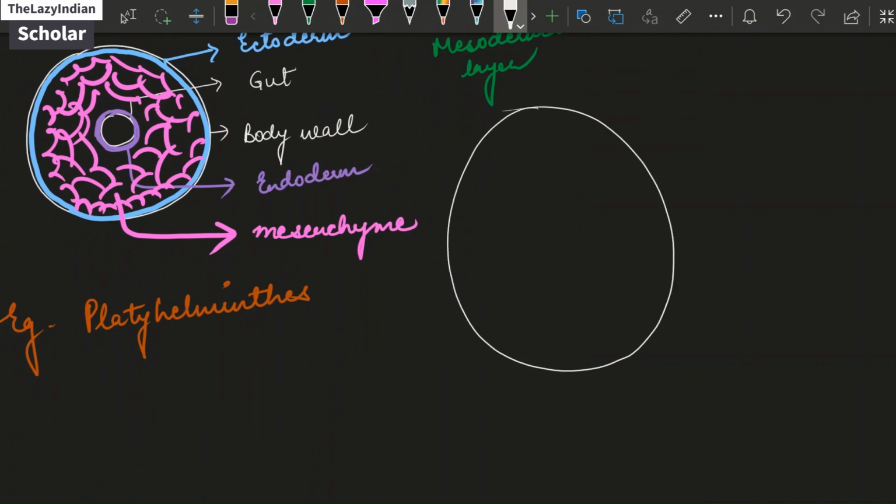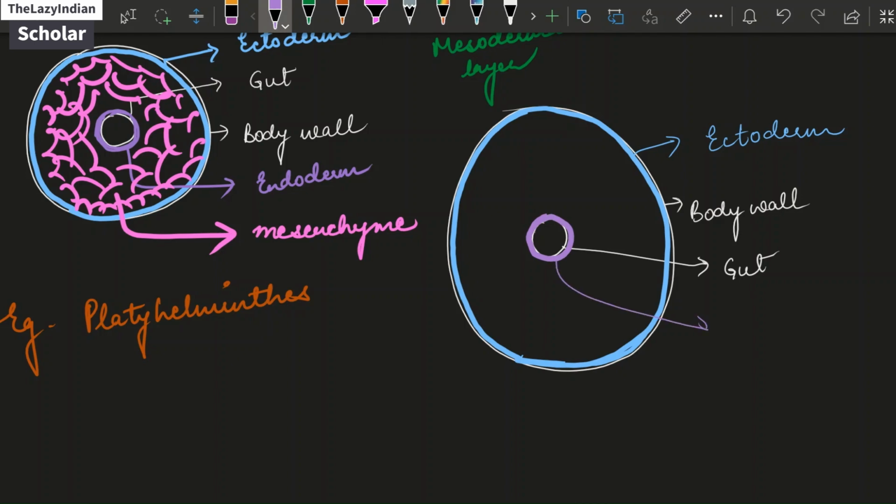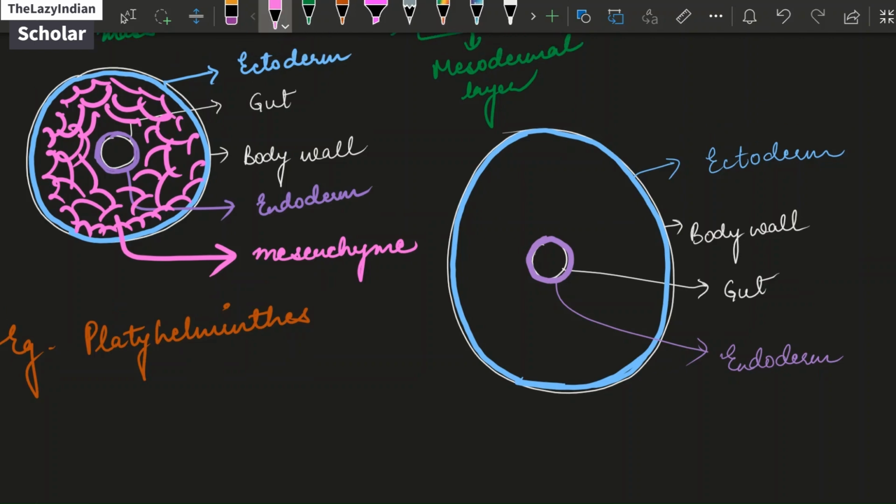If you see, this is the body wall, this is the gut, and the blue color here is the ectoderm. The gut is lined by the endoderm, and here the mesodermal lining is only adjoining the ectoderm.